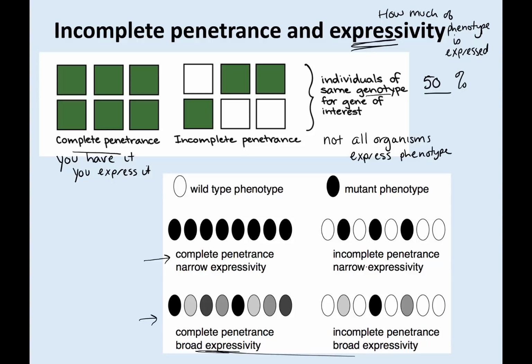And then, of course, you could have incomplete penetrance and narrow expressivity, which means not everybody that has it shows it, but when they show it, it looks the same. Or incomplete penetrance and broad expressivity, which means not everybody that has it shows it, and those that show it have variable phenotypes.